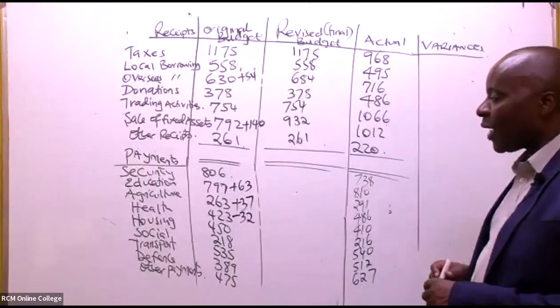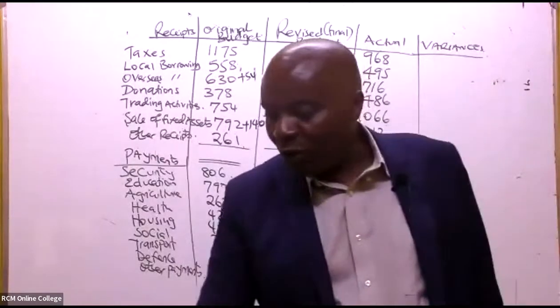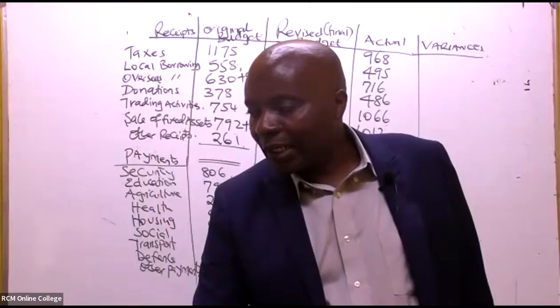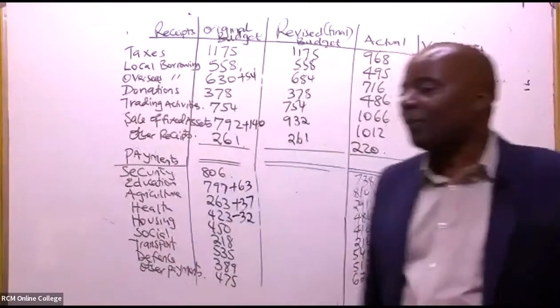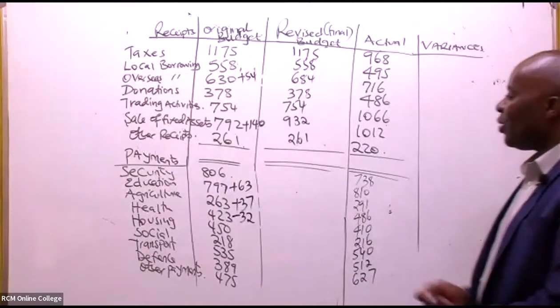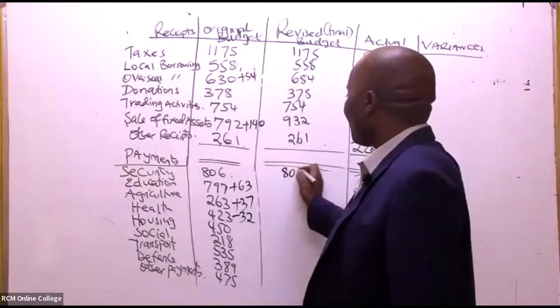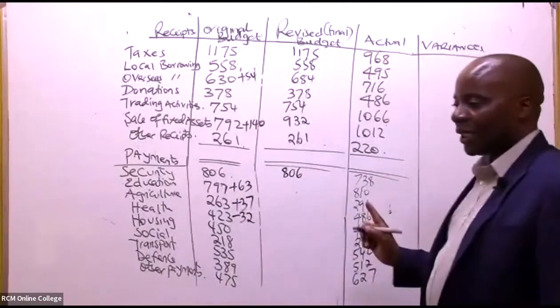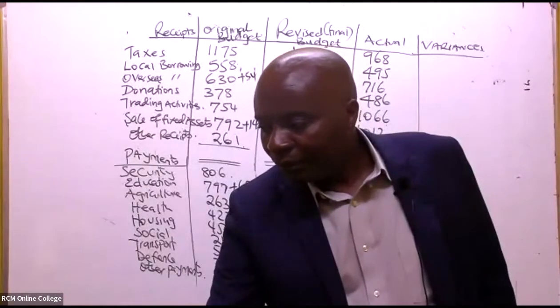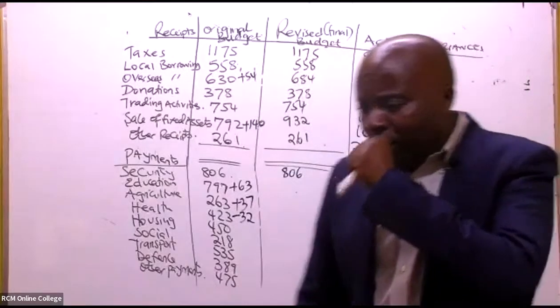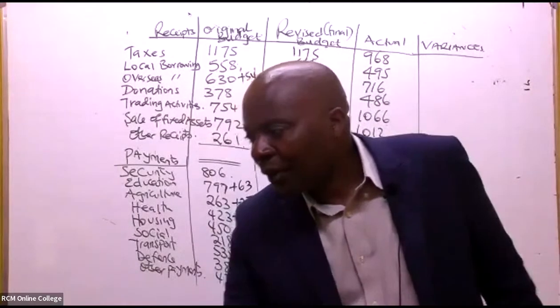For housing, why have we subtracted? Remember, for housing, they've told us it's a reduction, not an increase. Affordable housing is a reduction, and we are supposed to deduct the 32. I hope that is clear. All right, so here we have 806. This one, you guys must give me the number, otherwise I will be stuck. So this is 860.